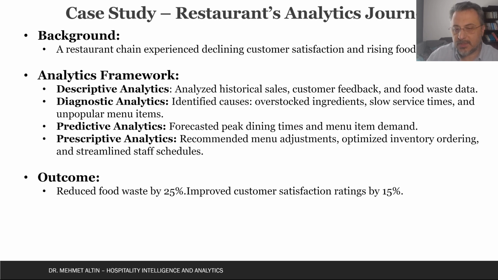Of course, this was a case, so as a result, the restaurant could achieve measurable improvements, right? Food waste was reduced by 25%, significantly cutting operational cost. Customer satisfaction rating improved by 15% as guests experienced faster service and better food quality.